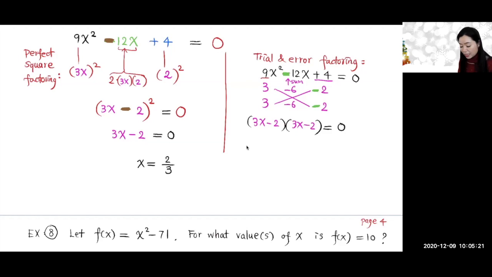However, we call this a repeated solution. So why is it called a repeated solution? If you take a look on this side, these two multiply to get 0, so the only possibility is either this equal to 0 or this equal to 0. So we have this 3x, again, you have this.